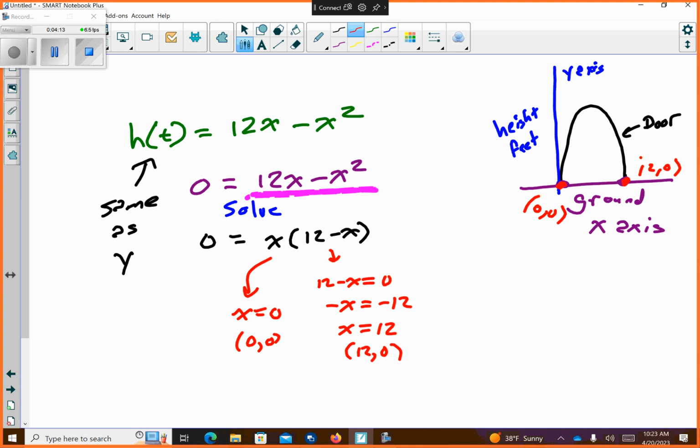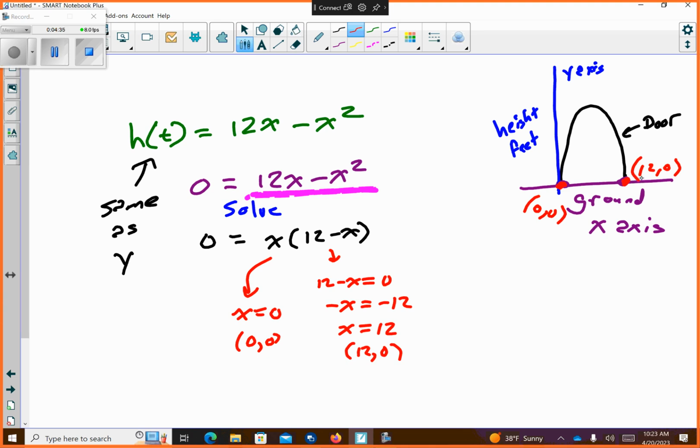Let me pause there. Does everyone understand that we're trying to figure out the size of this doorway? It's a parabola door. I'm not quite sure who makes their doors into parabolas, but let's pretend it's some weird store that has mathematical functions as all of its decor. I don't know how popular that place would be.